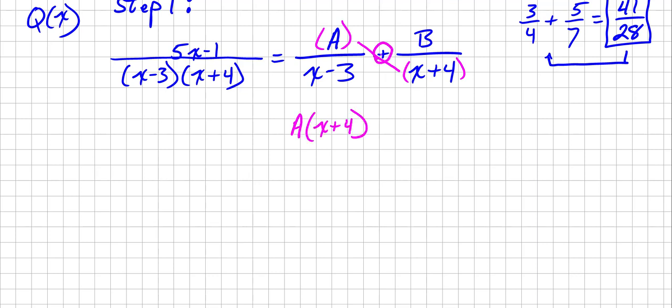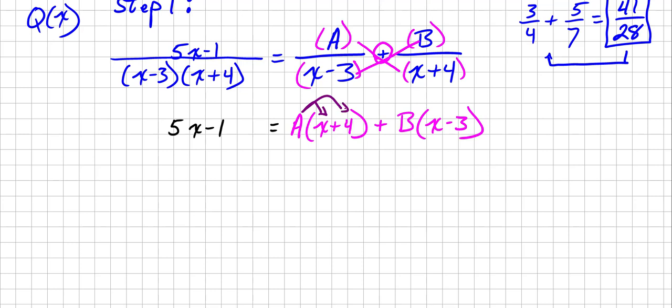Then I'm going to add (x - 3) times B. Notice that I no longer have a denominator, so I'm not worried about the denominator anymore. I can simply write this as 5x - 1 is equal to A times (x + 4) plus B times (x - 3).